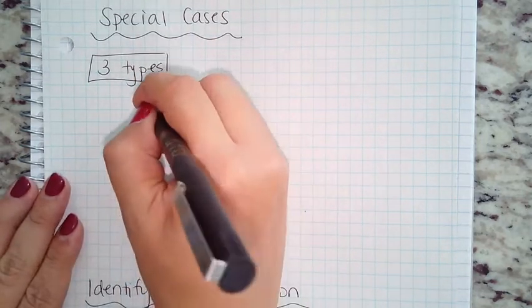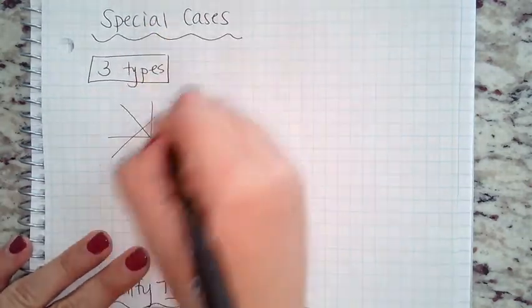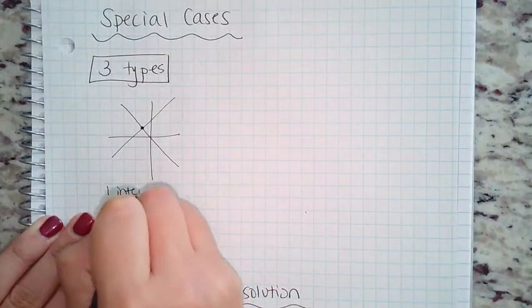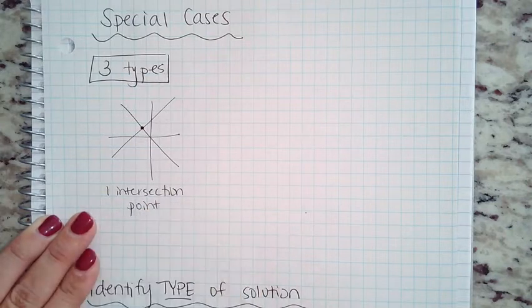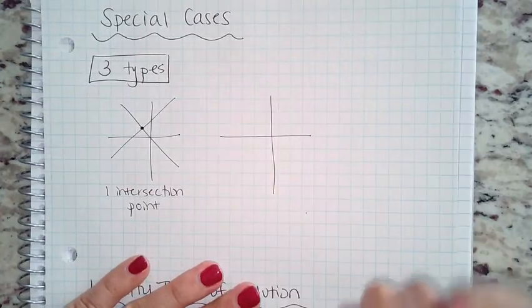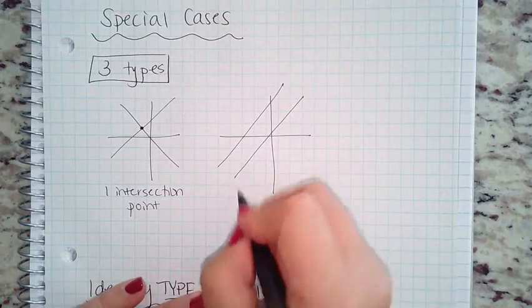The first is the one we're probably pretty used to seeing, and that's one where we have two lines that cross and we get 1 point. The second is when you have your coordinate system and you have two lines that are parallel to each other.